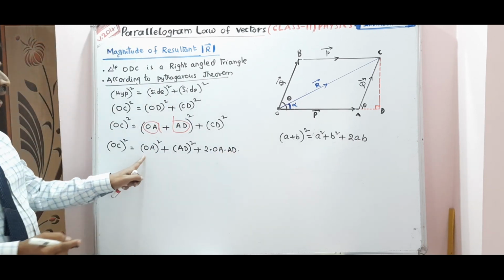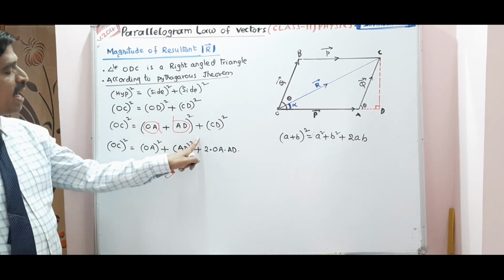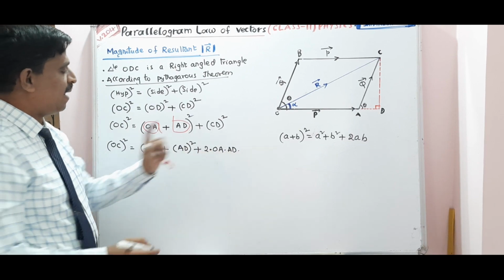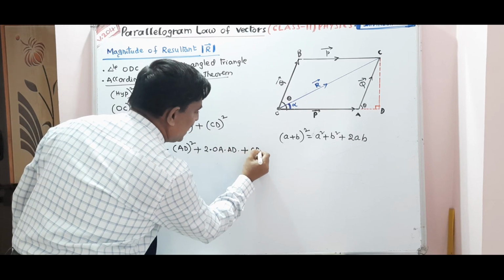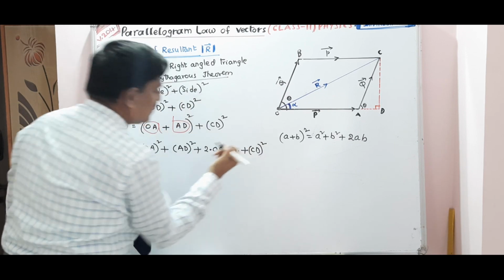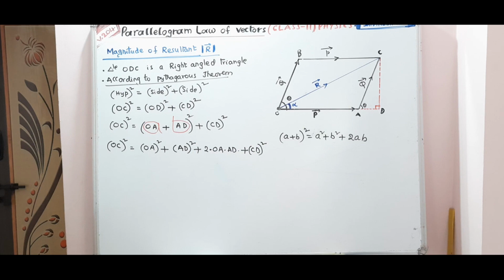Now you see A square plus B square plus 2AB plus CD square.